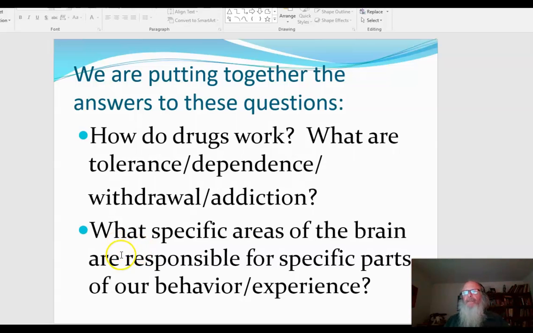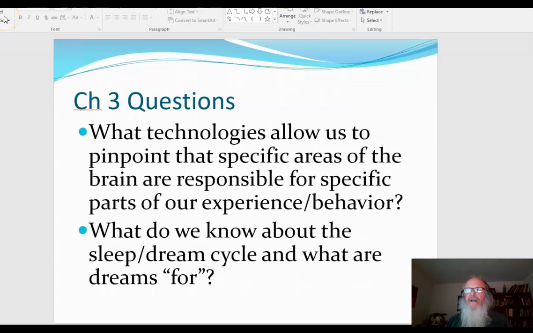And we give partial answers to this. We certainly don't cover the whole entire thing. What technologies allow us to pinpoint the fact that specific areas of the brain are responsible for specific parts of our experience and behavior?